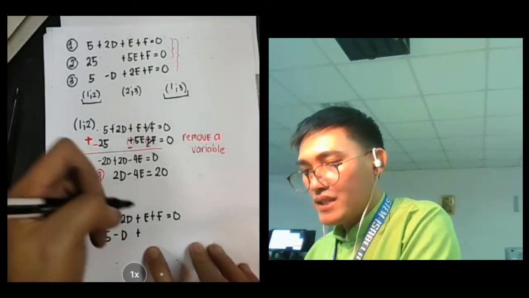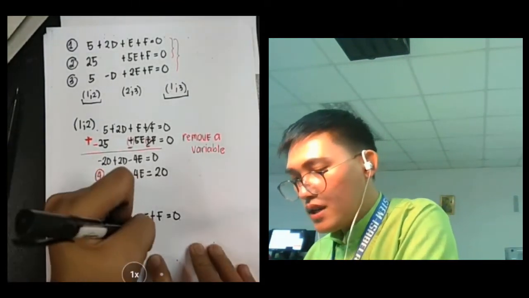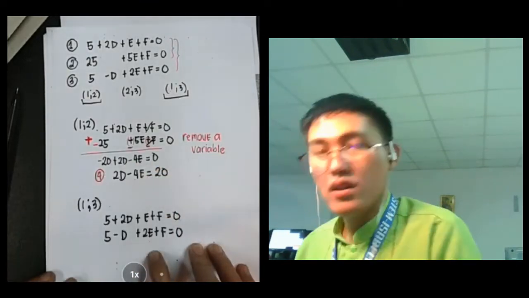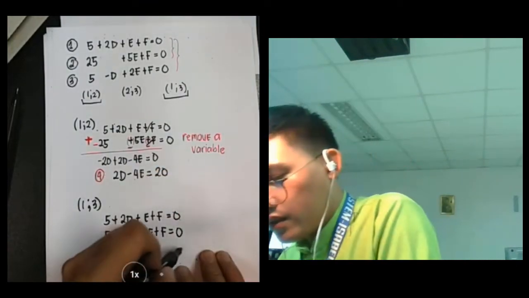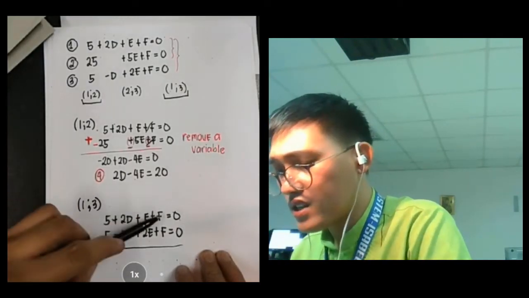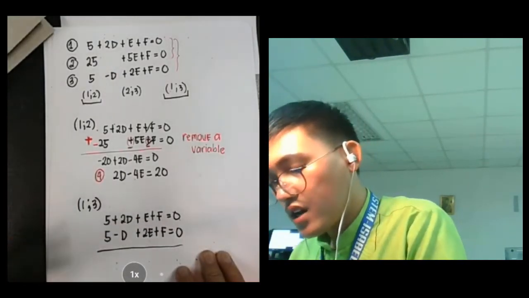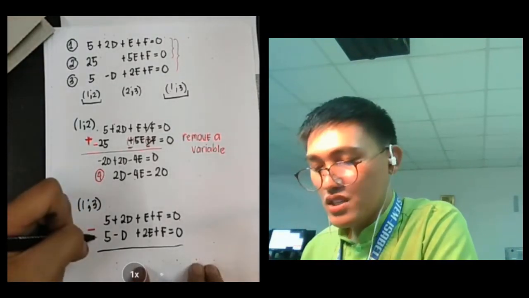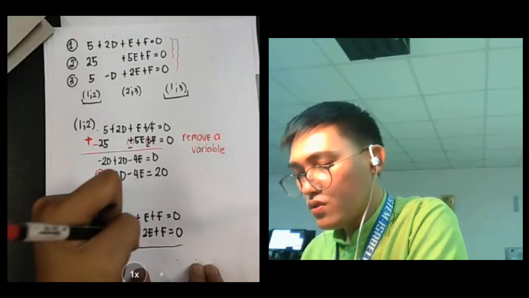Again subtract, because it is very easy to remove letter f here. In the rule of subtraction, you just change the sign of the subtrahend, then proceed to addition. So 5 minus 5 is 0. 2d plus d is 3d.